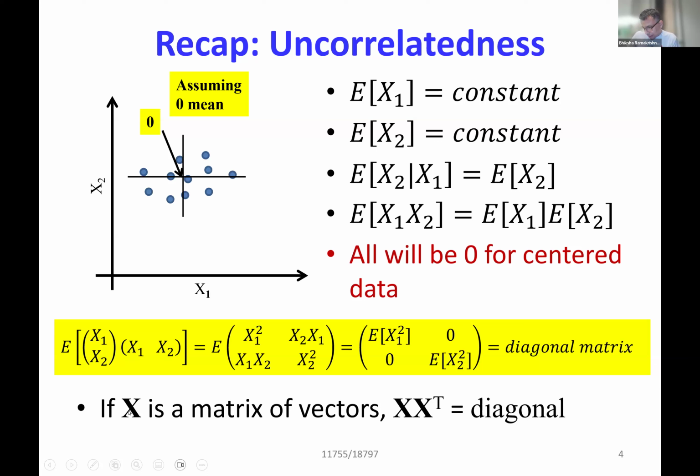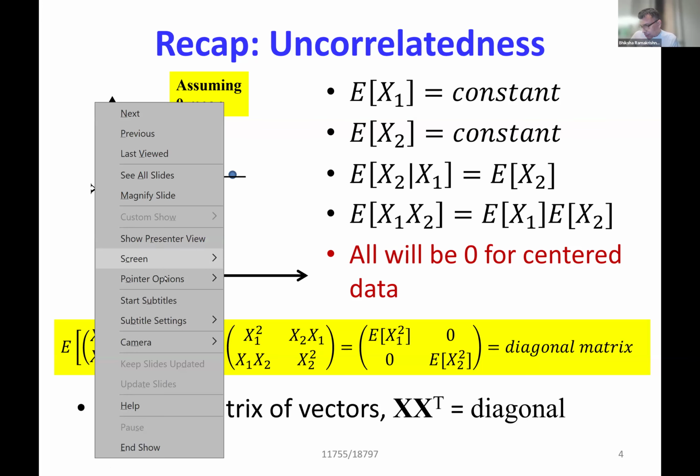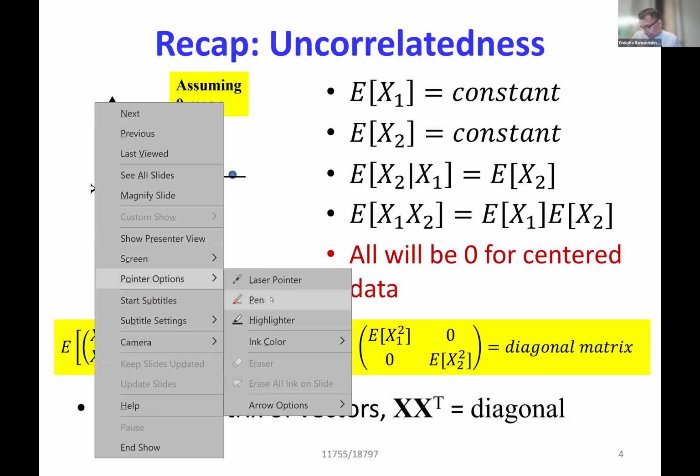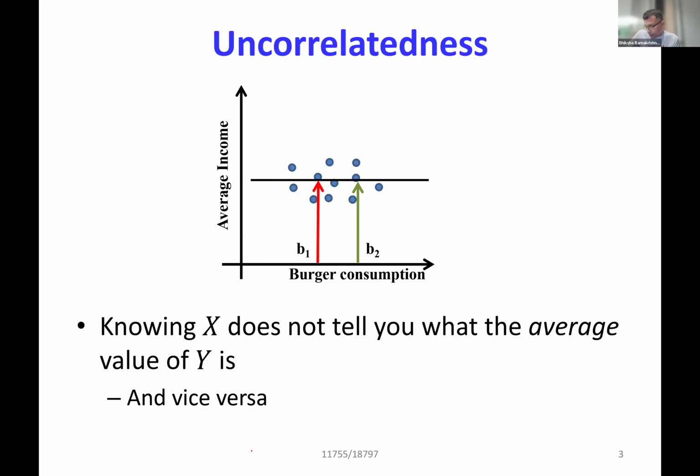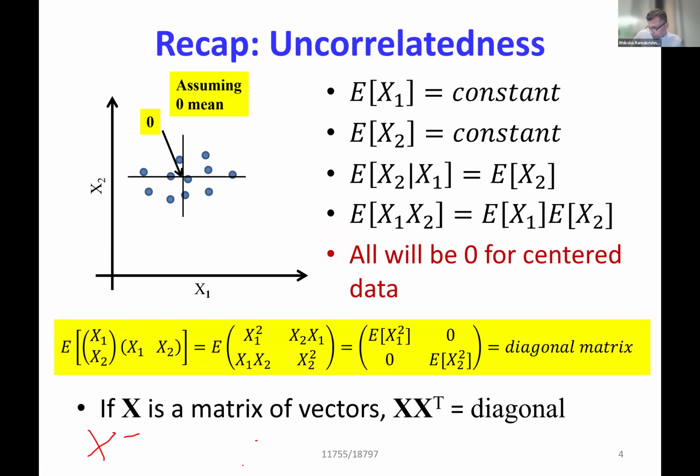So if I have this matrix big X, which consists of a large number of data vectors, let me use my pointer to explain what I mean by this. X over here is going to be something like x1, x2, and so on. These are all data vectors.